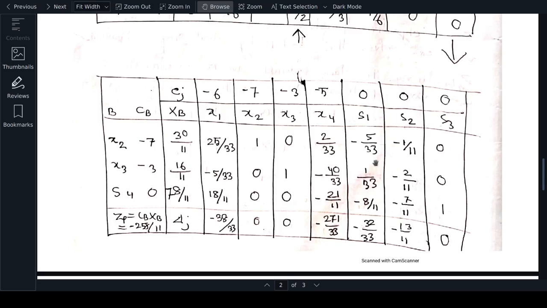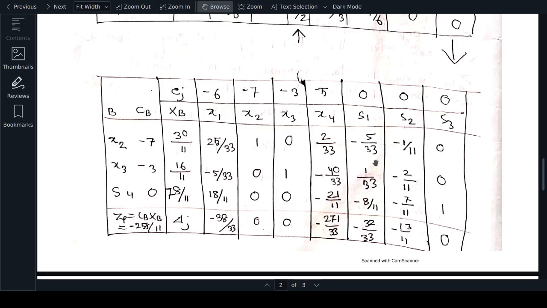So all of you calculate in your copy and practice. Otherwise, in your exam, you will find difficulty. Because in operations research, the problems have a theory portion and a calculation portion. If you know the procedure to solve one problem, then you can solve all the remaining problems, because all are based on this one.